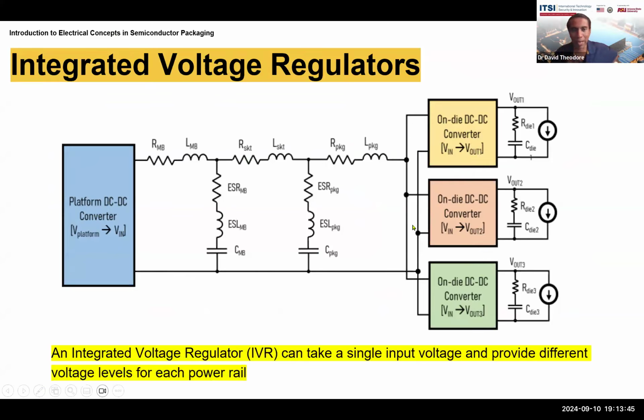So we talked about a laptop. You could have 20 volts coming in and getting converted to 5 volts for part of the circuit, 3 volts for part of the circuit, 1.25 volts for part of the circuit. So you have multiple of these regulators, and they are actually built into the die. They are called integrated because they are integrated into the die, typically.